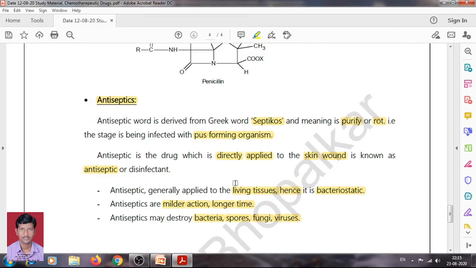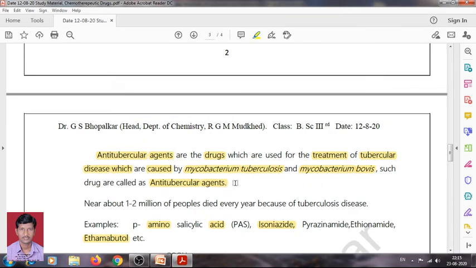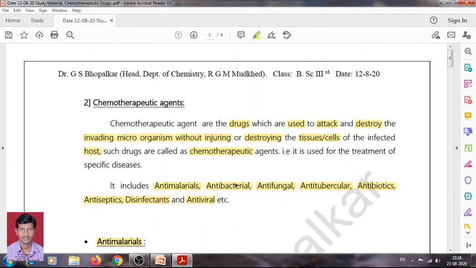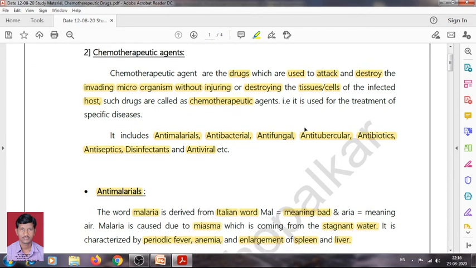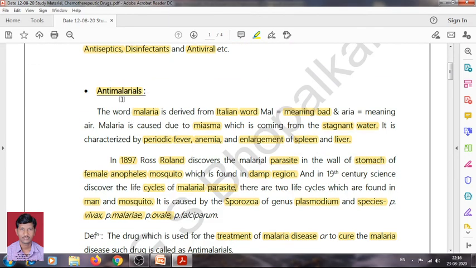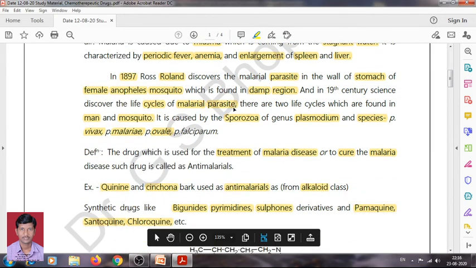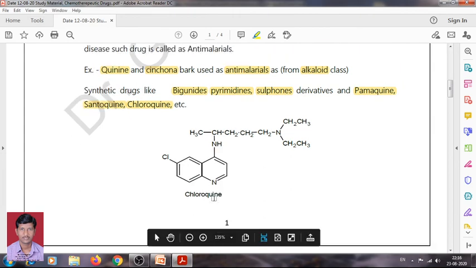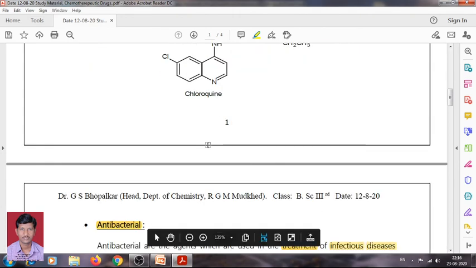Okay. Dear students, today we have discussed the chemotherapeutic drugs. We have already learned the chemotherapeutic drugs, that is the definition. Today we have learned about the antimalarial. I have already told the background or history of malaria, what is the definition of antimalarial, and what are the examples.